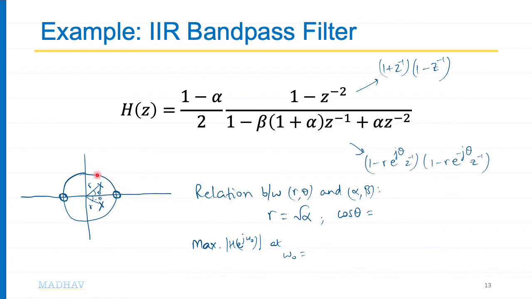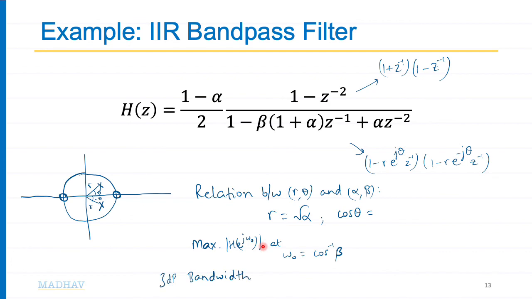There is a band which has power more than half, and other than that the power will be less than half, and power will be 0 at omega equal to 0 and omega equal to pi. The maximum of H(e to the power j omega) is obtained at omega naught, and this omega naught is equal to cos inverse of beta, and you can derive that from here. And the bandwidth.